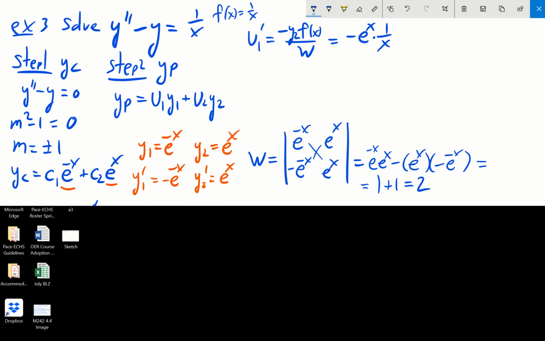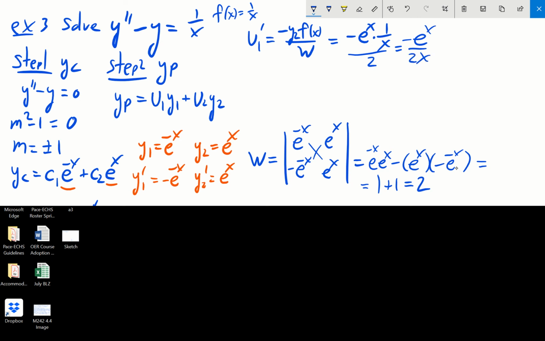So let's go ahead now and work this out. So it's e to the negative x times 1 over x divided by 2, which we can write as negative e to the x divided by 2x.